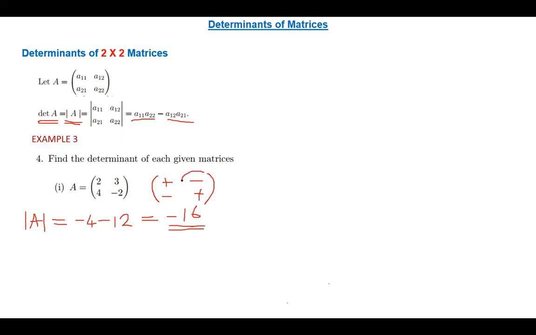So this number here, when finding the determinant, has to be multiplied by a -1. All right, I think you will understand better when you proceed.